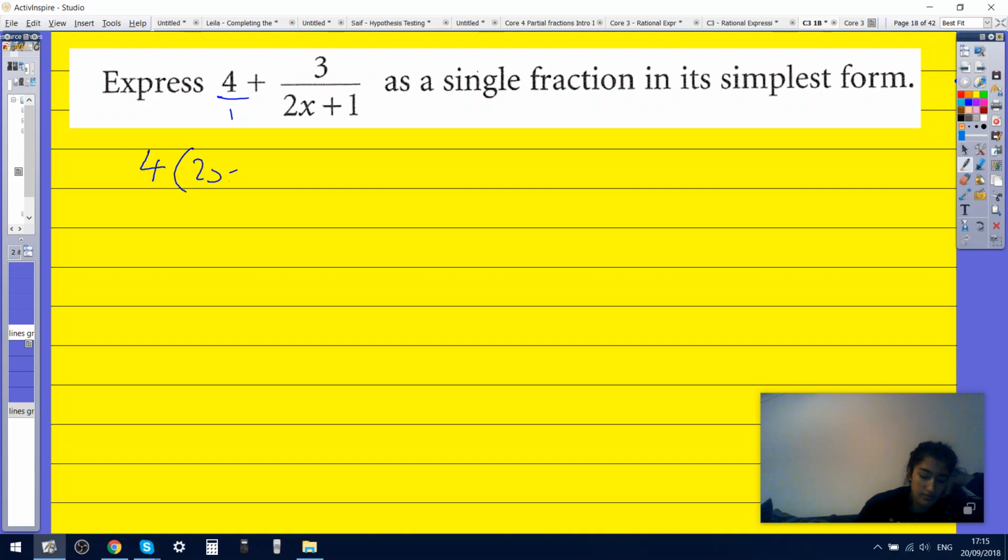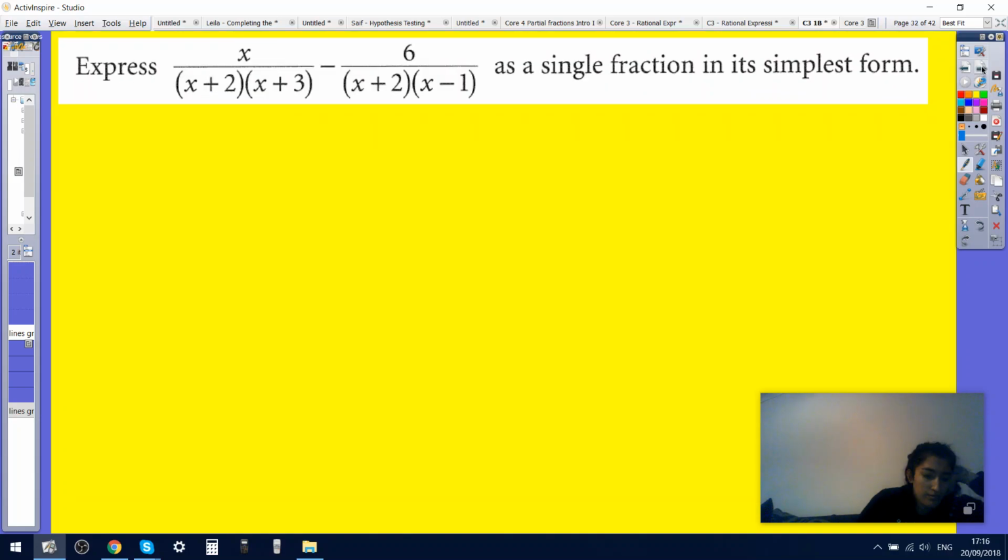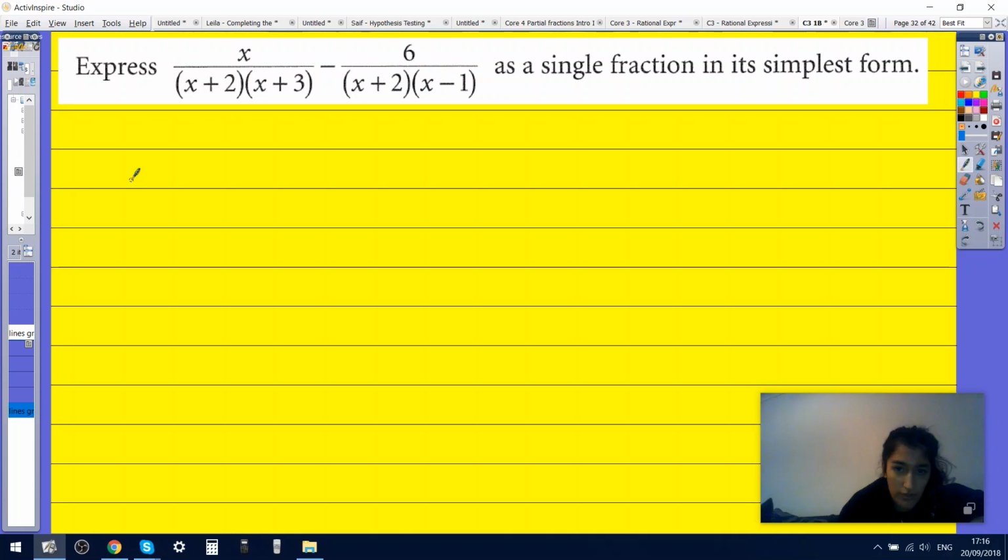They get very, very tricky. I reckon you'd be... What do you think? Oh, we better try this one, sorry. Yeah. x over x plus 2 minus 6 over... Do you have any partial fraction questions?